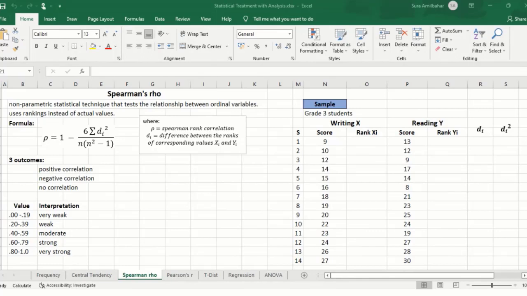It has three outcomes: positive correlation, negative correlation, and no correlation. A positive correlation is when the graph is increasing.